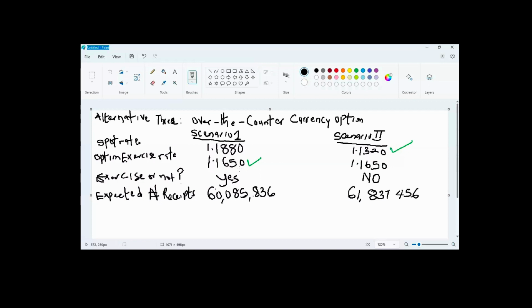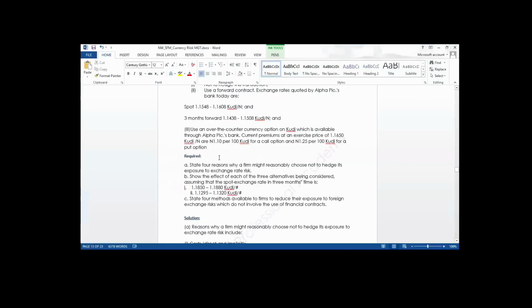Remember, with a currency option, you must pay a premium. The premium must be paid whether or not the right is exercised. The premium is a cost. So we now have to calculate the premium. Now let's go to the question again.